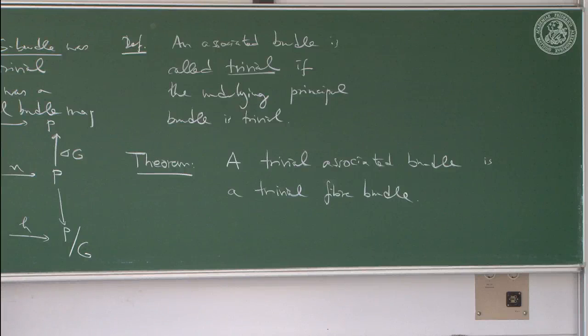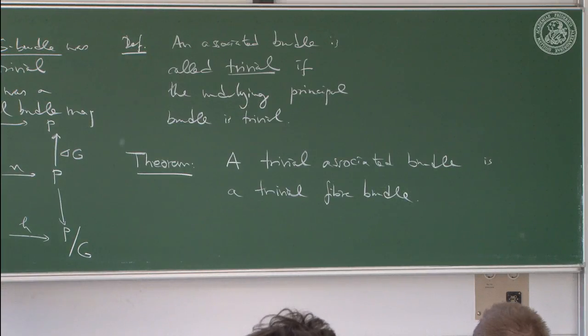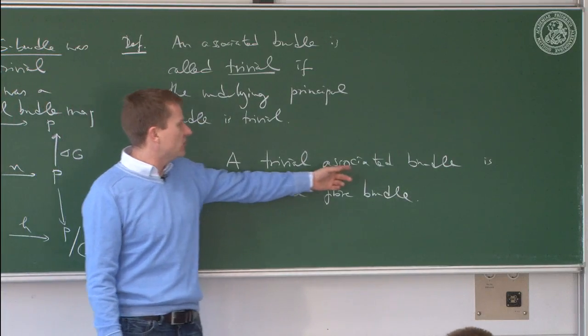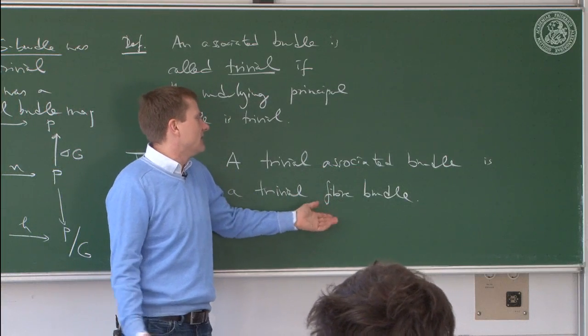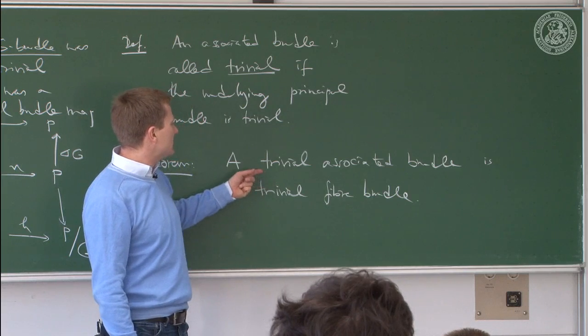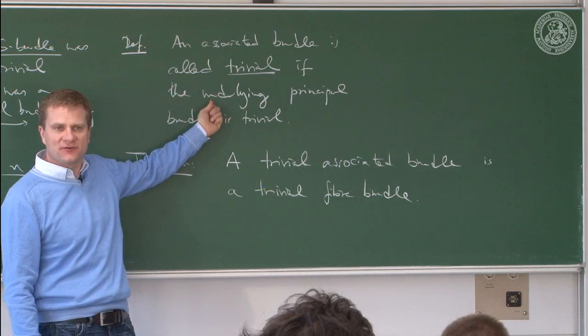Okay. Now that sounds funny because an associated bundle is a fiber bundle, a particular instance of a fiber bundle. So if you read this, a trivial associated bundle is a trivial fiber bundle, it seems almost like a tautology. Well, it isn't, because if we say trivial associated bundle, we mean the underlying principal bundle is trivial.